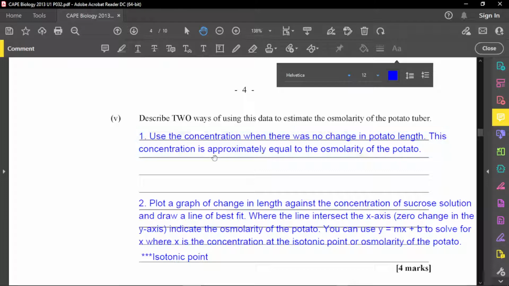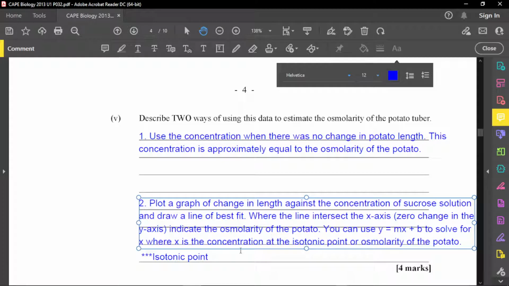So this concentration is approximately, notice, approximately equal to the osmolarity of the potato. So since we classify where there's no change as isotonic, which means equal in concentration, what is inside the potato to what is outside of the potato, then at that point we can say the concentration in the potato equals to what is in the beaker. So it's an estimate. Again, it could be slightly different.